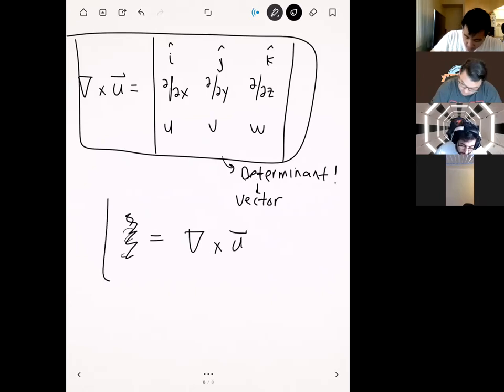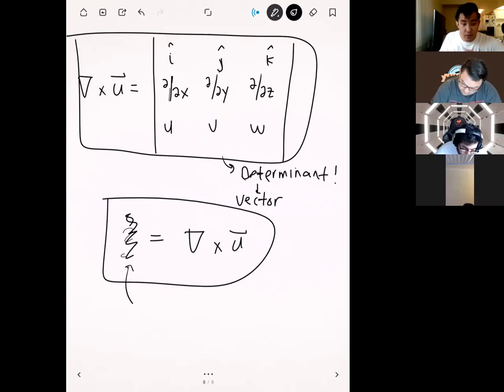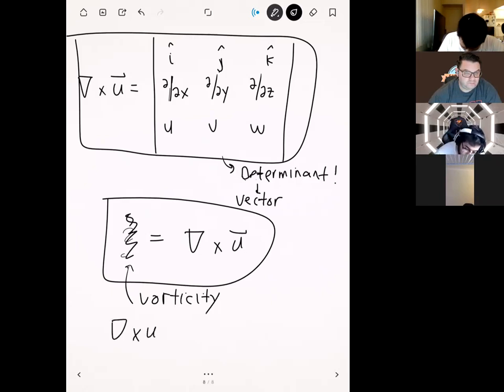And it's simply going to be equal to the curl. What this tornado symbol is called is vorticity. You can kind of tell it gets that name because it's talking about vortexes.